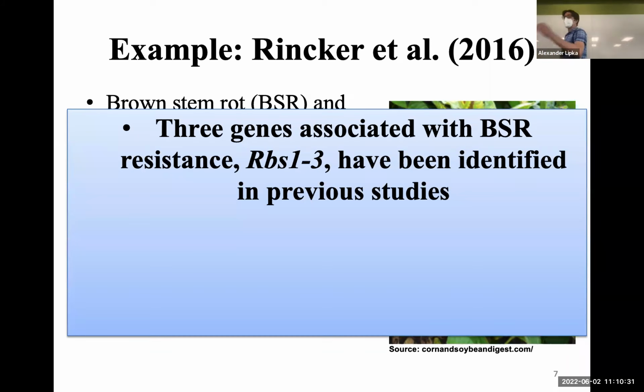So the bottom line is, prior to this study, there were 3 genes all next to each other that had been identified. And so if we obtain a more precise location of these loci, and do marker-assisted selection on smaller size loci, we could do more efficient breeding for resistance to brown stem rot.